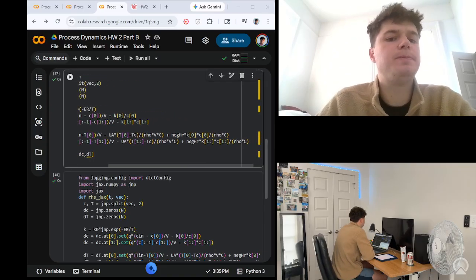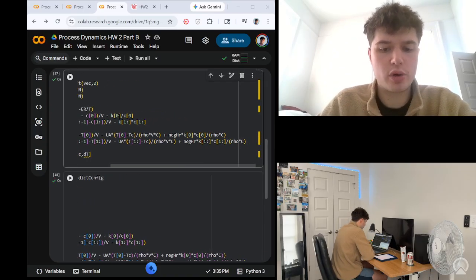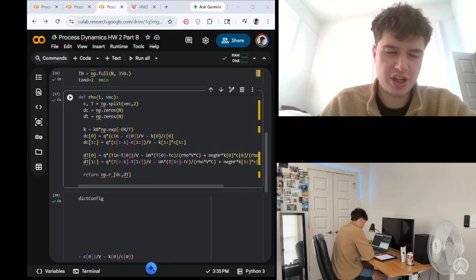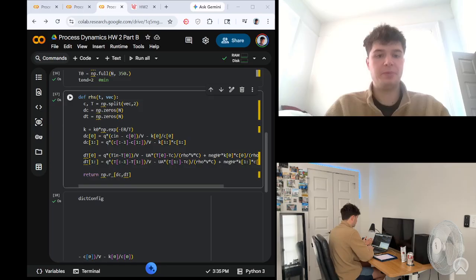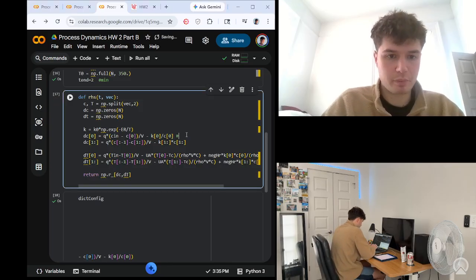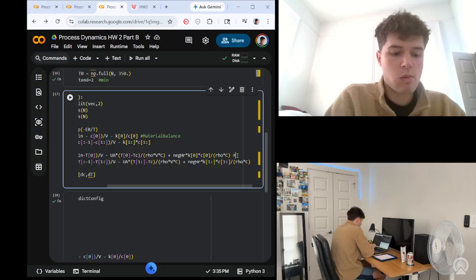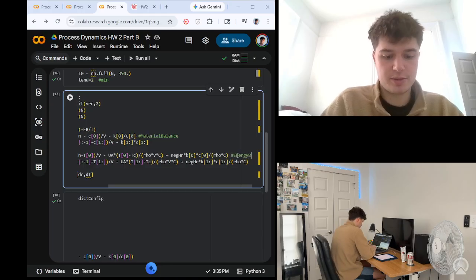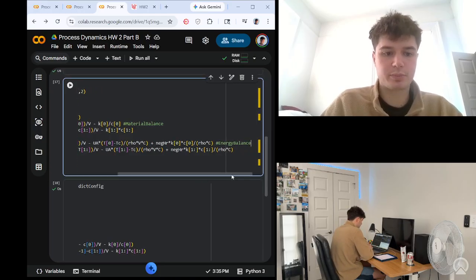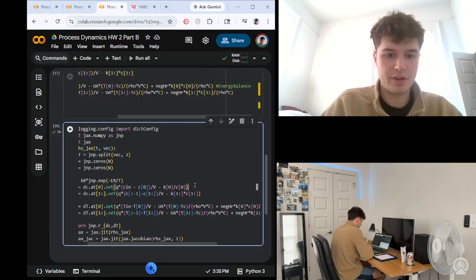Actually, before we do this, I wanted to give a little bit of framework. So if you don't understand what these equations are actually doing, we can label them. So this is actually doing our material balance for us as DC, and then this is doing our energy balance. And the same thing down here, this DC will be our material balance.